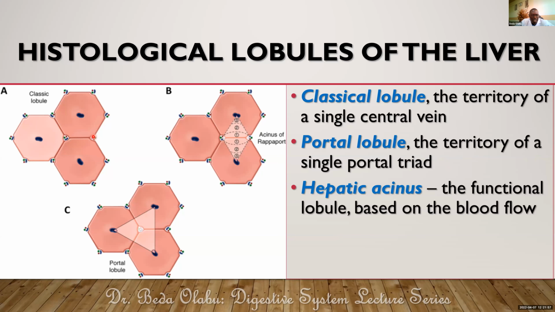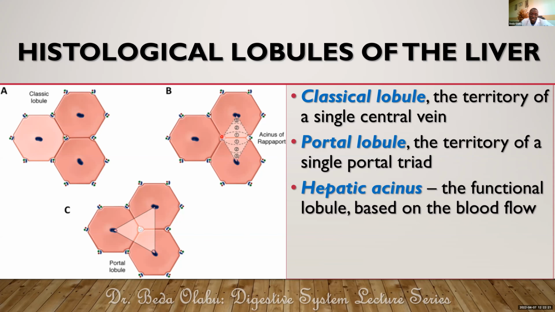And from this one, blood flows that way, or that way, or that way, if it was there. That helps us to define a diamond. A diamond has 4 corners: 2 opposite corners containing central veins, and 2 opposite corners having the portal tract. And that's what you see there.